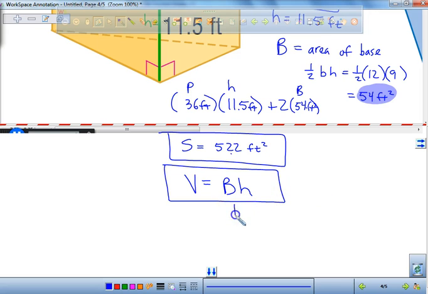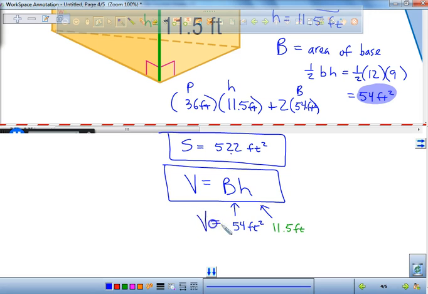So what is the area of our base? 54 feet squared. What is the height still? 11.5 feet. So if I have feet squared and I multiply it by another foot, what's going to happen? It's going to make it cubed.